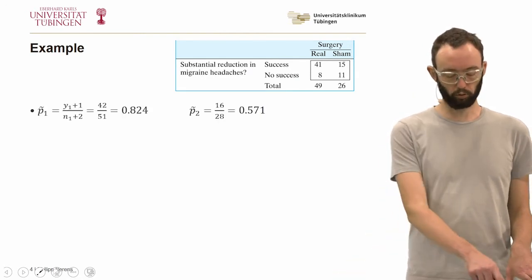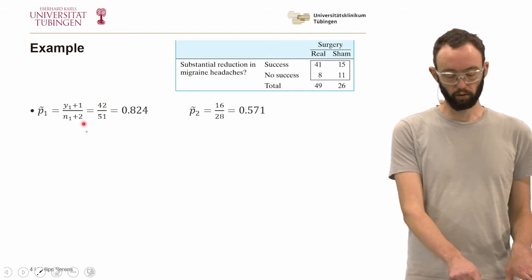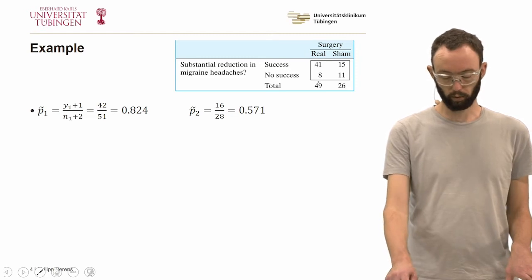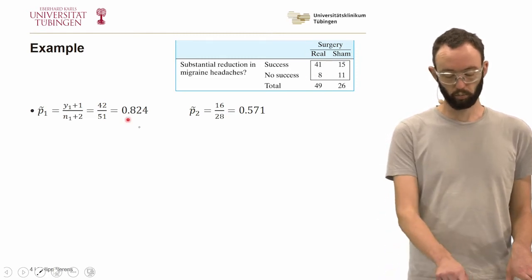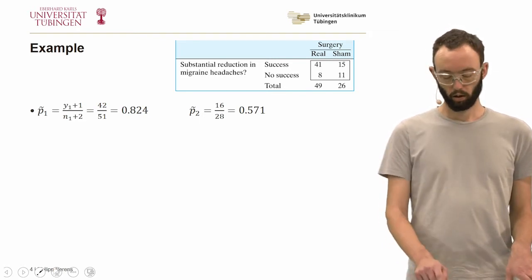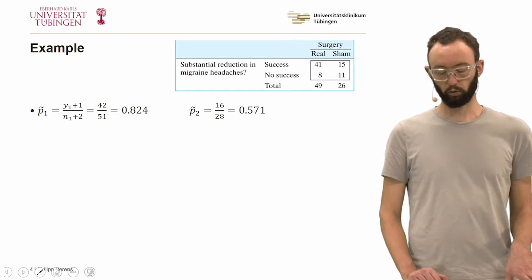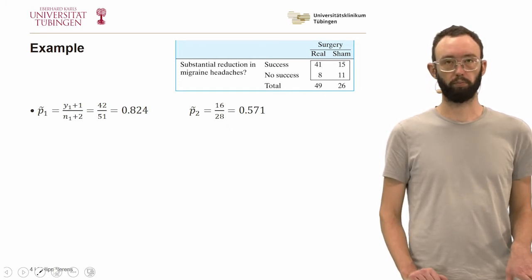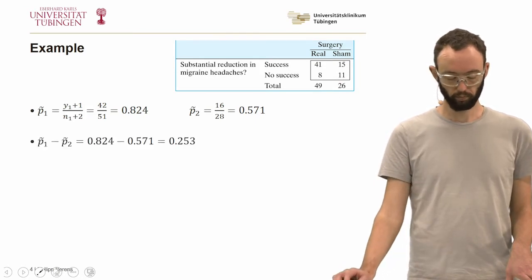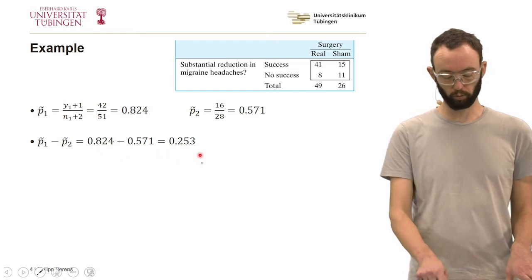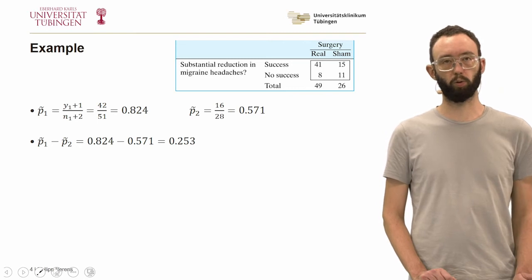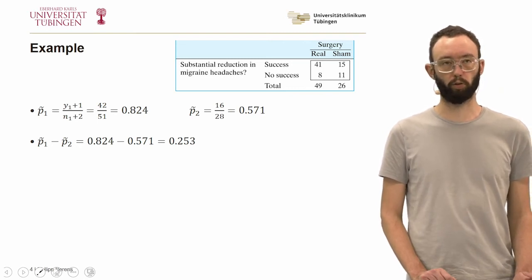Now, our estimate of P1, slightly regularized, is 41 plus 1 divided by 51, which is 0.824. So 82.4%. And the estimate of P2 is 57%, so 16 over 28. Now the difference between these two probabilities is simply one minus the other, so 0.253, so 25.3%.